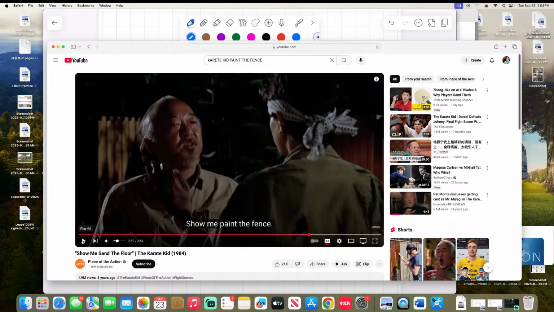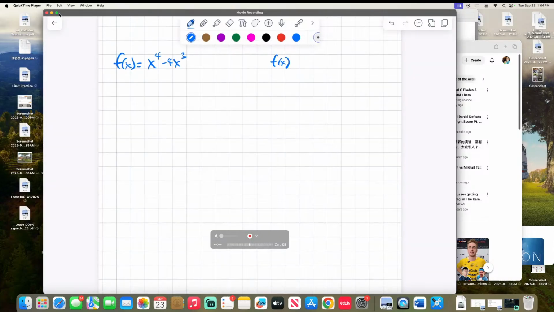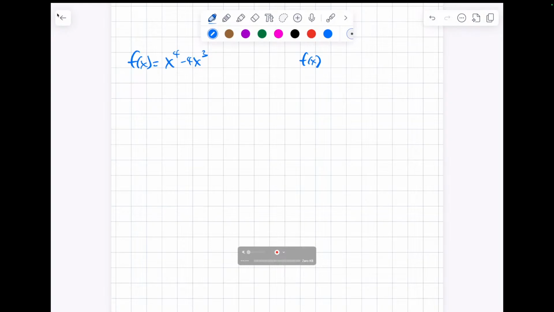Right now we are talking about the third section. The original function f of x can tell you a lot of information. It can tell you the x-intercept and the y-intercept.